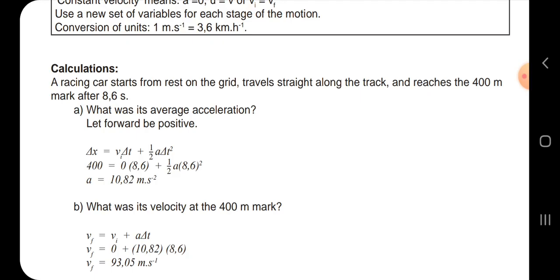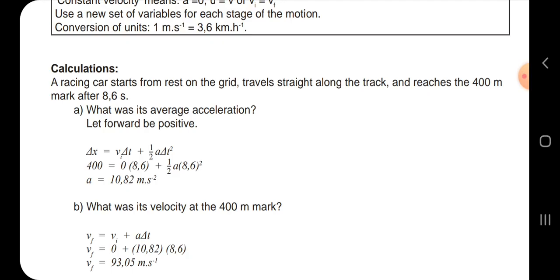Time should be in seconds always. And then the car starts from rest, so we have initial velocity as 0. So we have initial velocity, displacement, and time. So we are looking for acceleration.